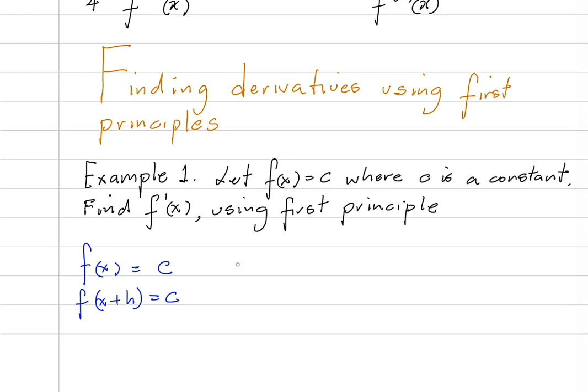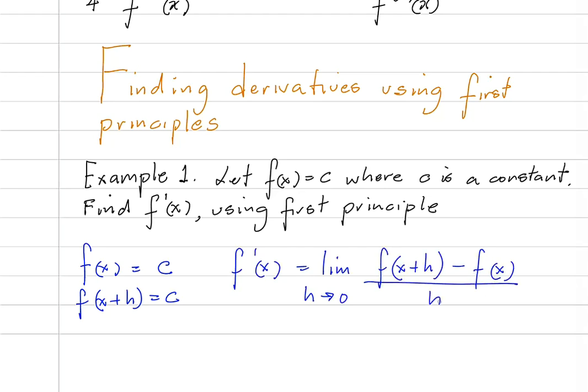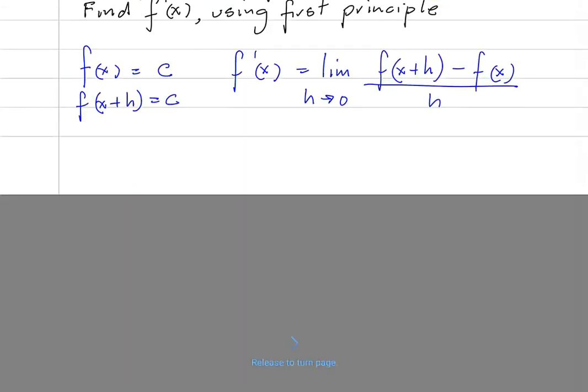Now, by definition, f prime of x, which is the first derivative, is equal to the limit as h approaches 0 of f of x plus h minus f of x all over h. So let's finish that on the next page.